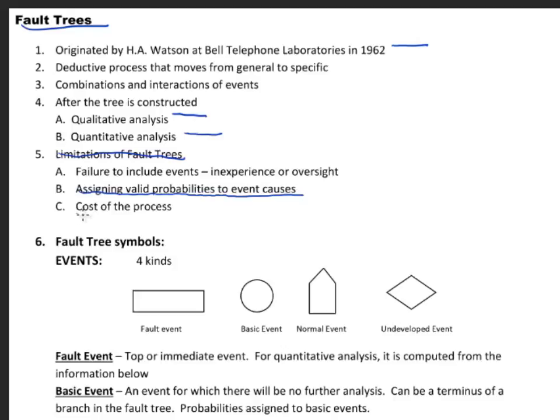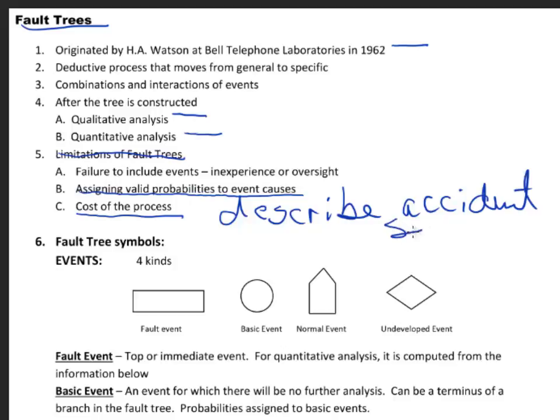It's also a fairly costly process to do a fault tree in a more sophisticated form. I also want you to keep in mind that fault trees can be used to describe an accident sequence. In other words, after an accident has occurred, you can use a fault tree to describe the various factors that might have caused that incident.